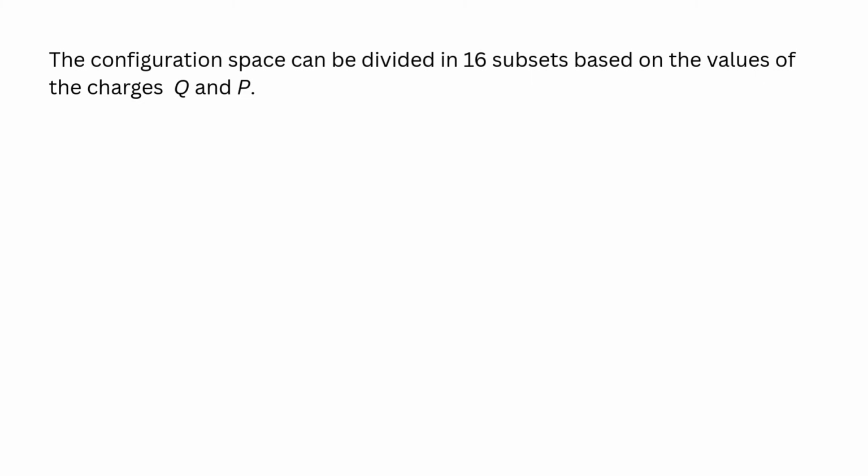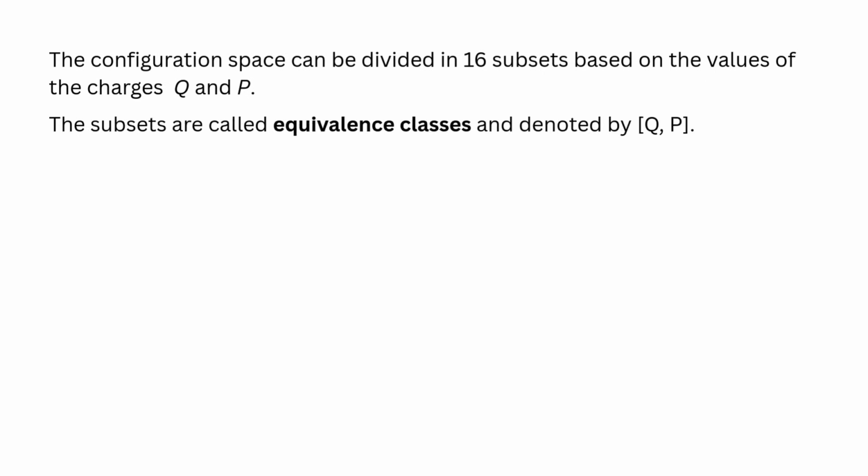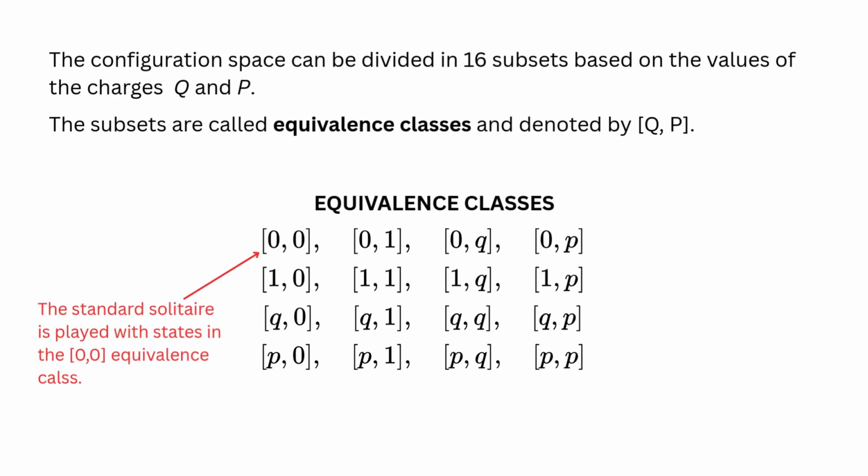3. The configuration space can be divided in 16 subsets based on the values of the charges Q and P. Mathematically speaking, these subsets are called equivalence classes and are denoted by the values of the charges between square brackets. Each equivalence class contains states that can be obtained through legal jumps from any other state in the same class.